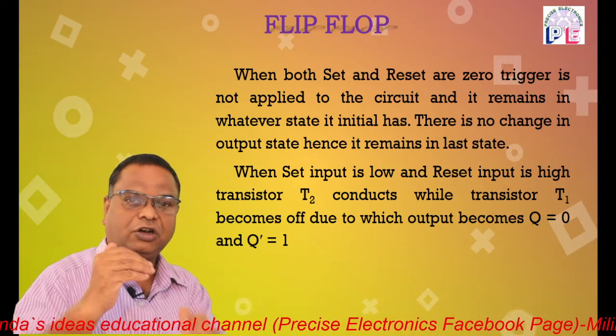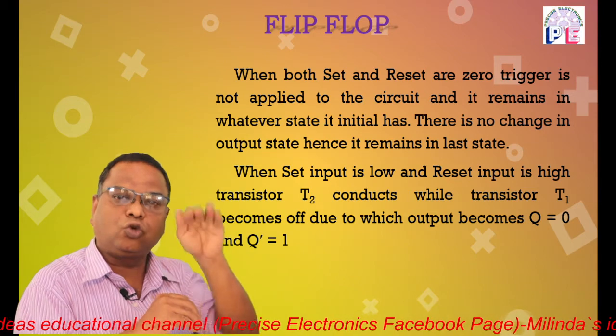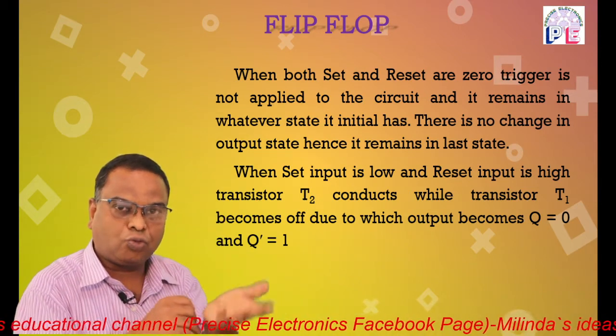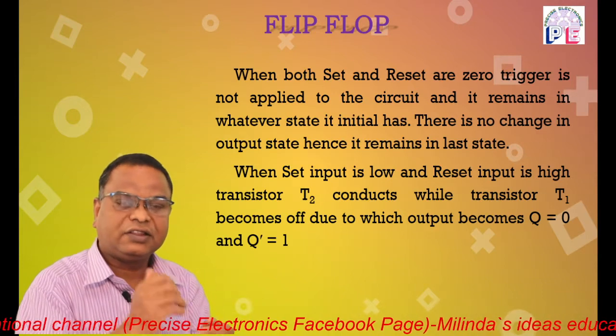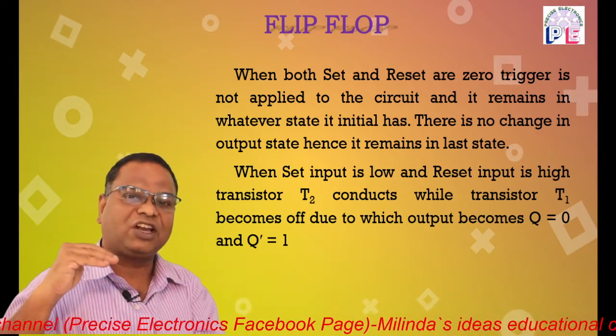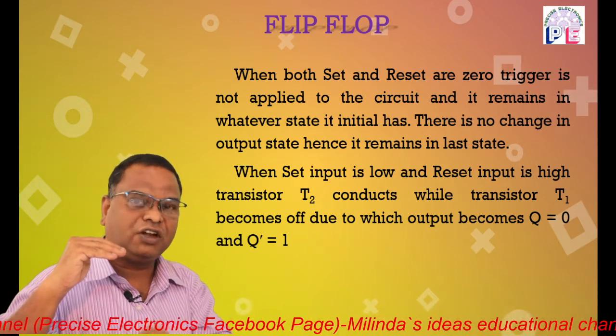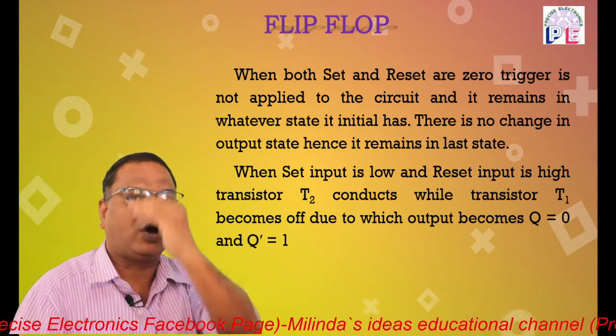So transistor T2 conducts, due to which the output potential of T2 goes to low level. The output of transistor T2 is Q. So Q goes to low level, while as transistor T1 is in off condition, the output of transistor T1, that is Q complement, goes to high level.